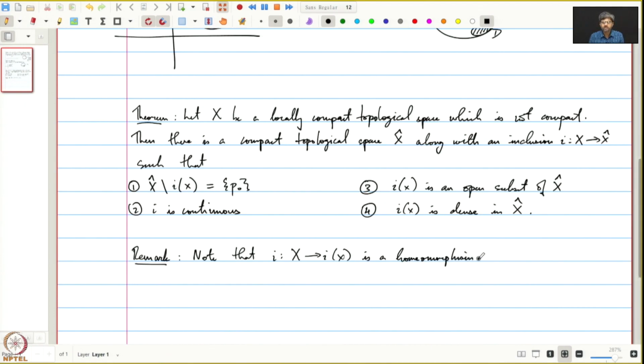We have already seen that I is continuous and the image of I lands inside I of X and it's a bijection. So we know that I is a bijective continuous map.